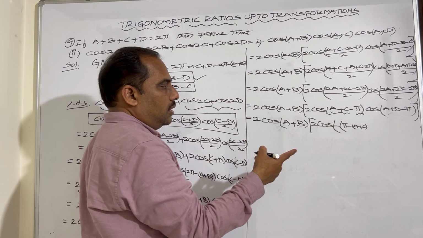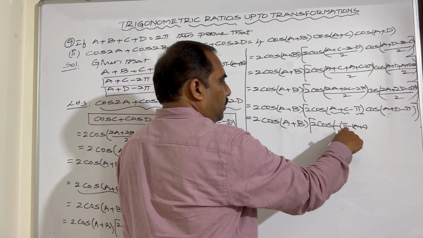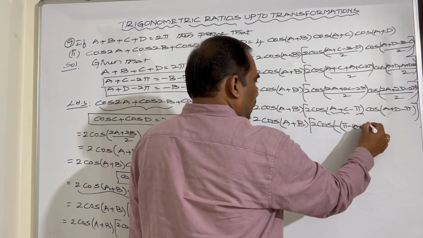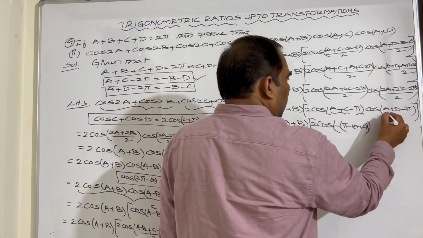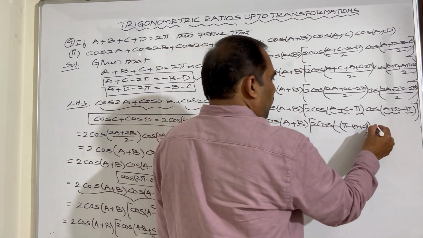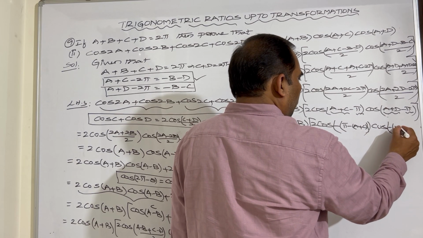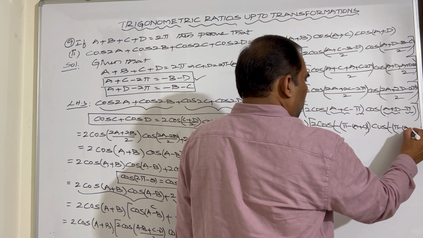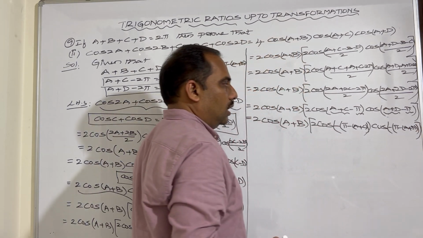If you take minus common, it can be written as cos of minus of pi minus a plus c. And again here also a plus d is one term and pi is the other term, so taking minus common, minus of pi minus of a plus d, we can write like this.